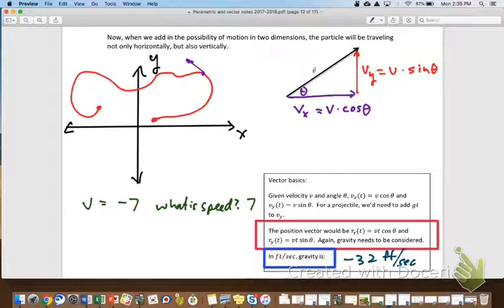However, that's in 1D, right? That's just when it's moving left or right or up and down. What if I told you that the velocity vector was -3, 10? And by the way, what does that mean if the velocity vector is -3, 10? That's i hat, j hat, so that's a vector. So which way is the object moving? Left and up.